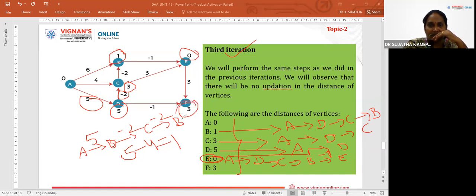Right. And coming to F, F is 3. So how can I get the cost 3 here? I need to move A to D, D to C, C to B, B to E, and E to F. This is the path that I have.